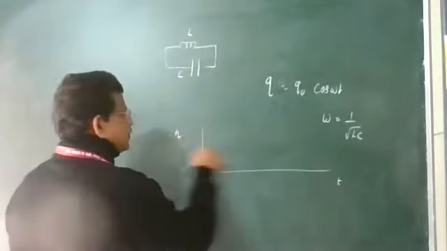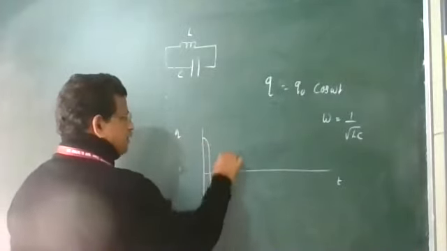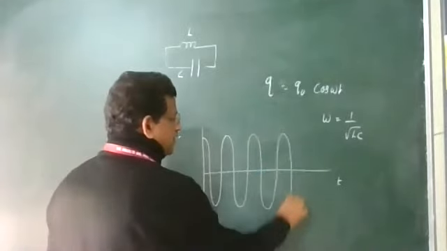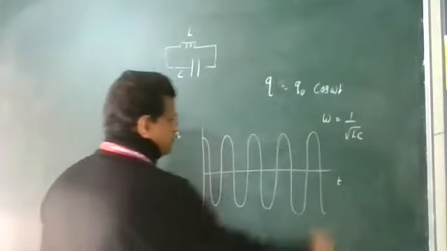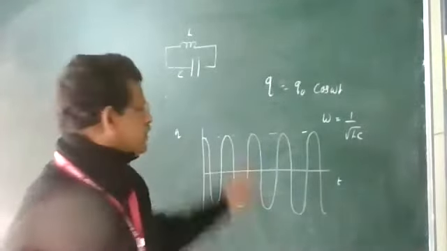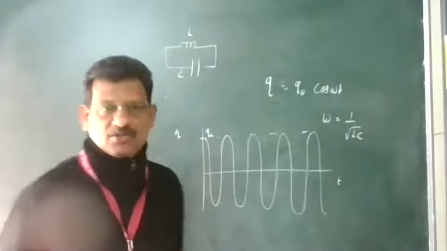This is Q. When t equals 0, charge is maximum, and the variation will be like this. You must have seen this kind of variation. It is SHM. This is the variation of Q with time. So the amplitude, which stands for the maximum value, remains constant.